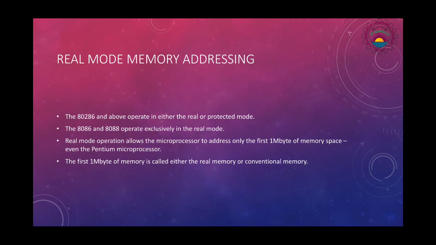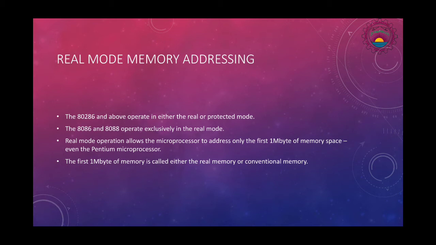But whenever a microprocessor is operating in real mode operation, only 1 megabyte memory space may be accessed. So the first 1 megabyte of memory is called real memory or conventional memory.